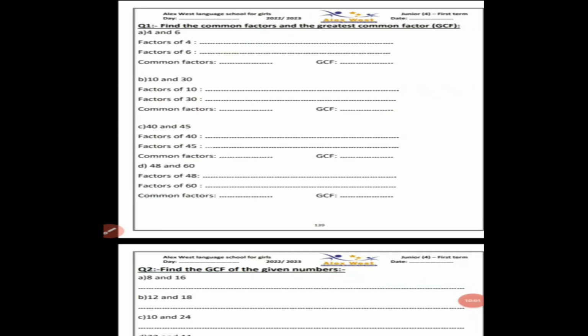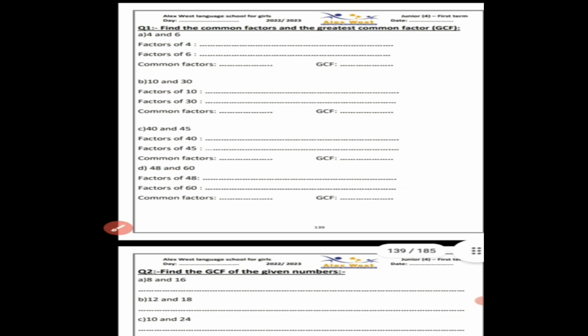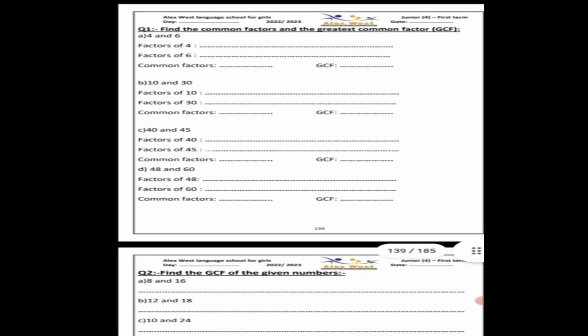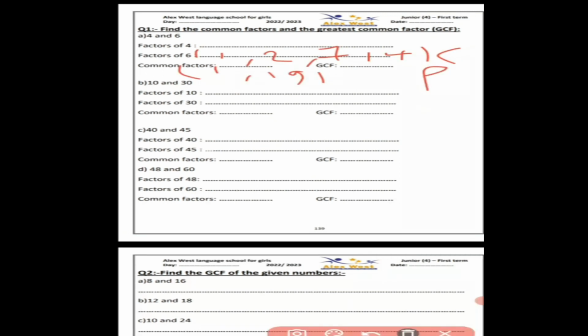Find the common factors and the greatest common factor between 4 and 6. Factors of 4: 1 times 4, 2 times 2, write 2.